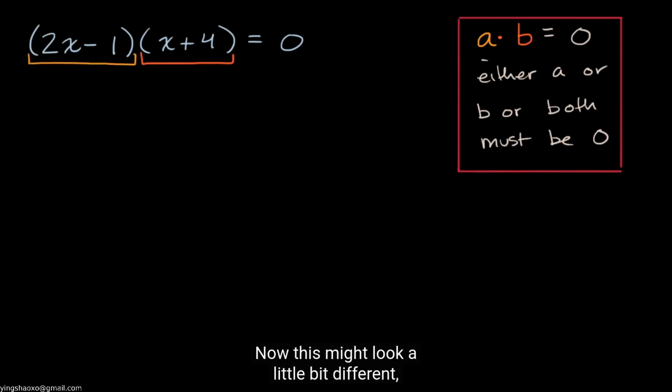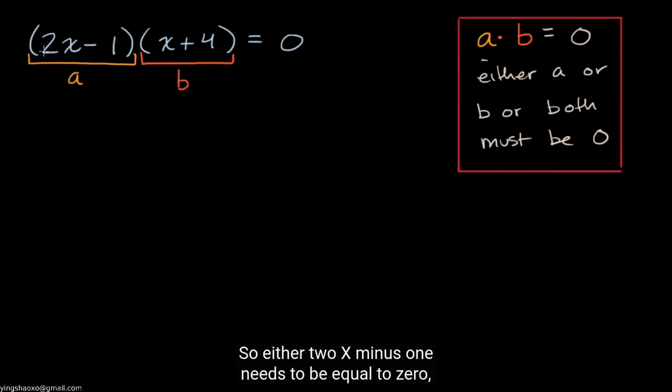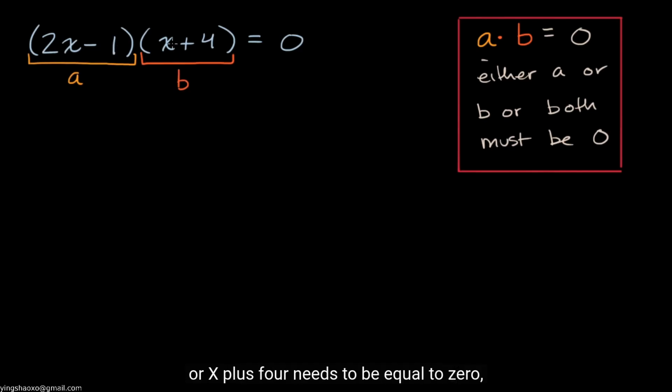So we're going to use this idea right over here. Now this might look a little bit different, but you could view 2x minus 1 as our a, and you could view x plus 4 as our b. So either 2x minus 1 needs to be equal to 0, or x plus 4 needs to be equal to 0, or both of them need to be equal to 0.